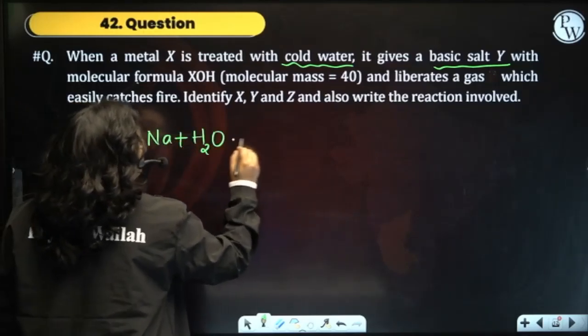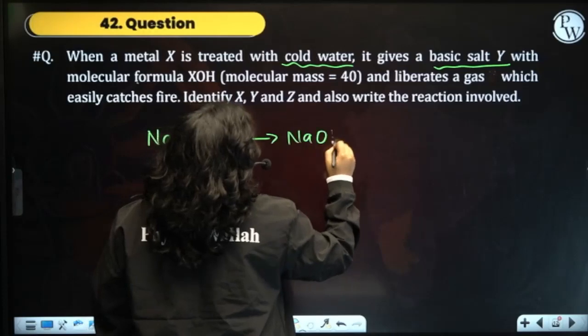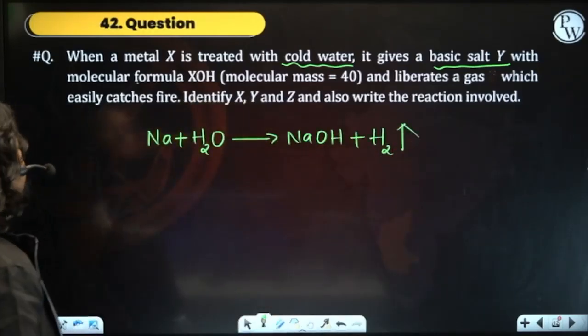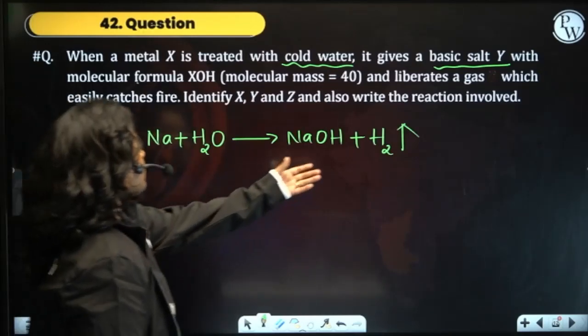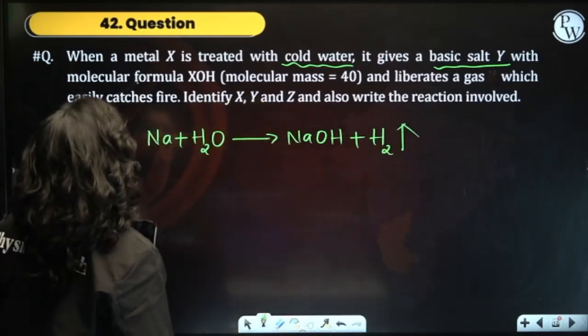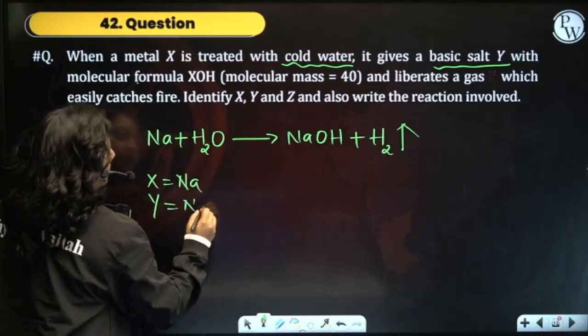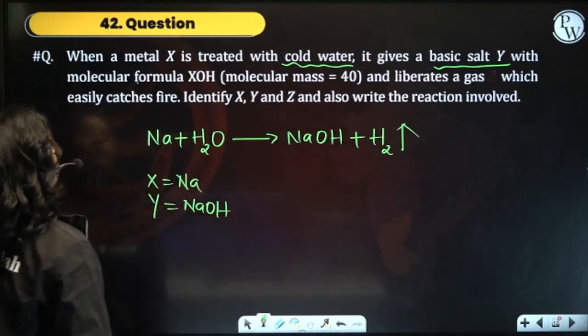Sodium reacts with cold water, forming sodium hydroxide with the liberation of hydrogen gas, which easily catches fire. So X is nothing but sodium, Y is nothing but sodium hydroxide.